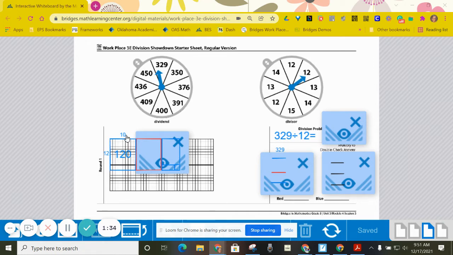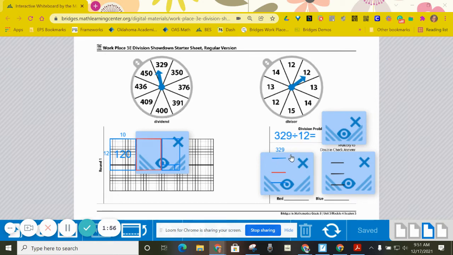So for us, 10 units wide and 12 units long, for a total of 120. So we would have 120 little squares inside this rectangle we just made. Now, this may sound like a funny way to start a division problem, but hang in there. I think you're going to see the connection.